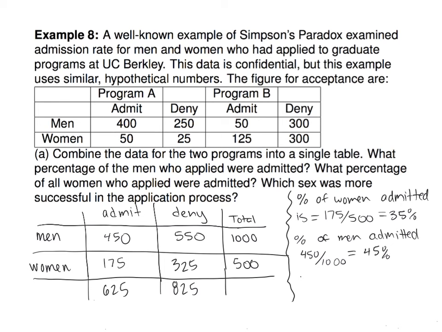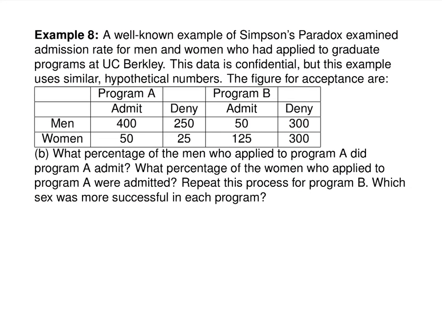So based on this, it appears that men are more likely to be admitted. Except when you look at this in the individual programs and break the data into these two groups, it's going to be reversed.